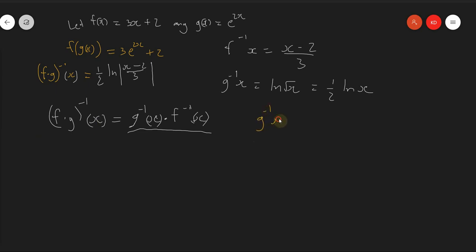The right side is simply equal to half ln, and remember, wherever you see x in g inverse of x, you put the expression for f inverse of x. Since there's an x right after the ln, we replace that with x minus 2 over 3.